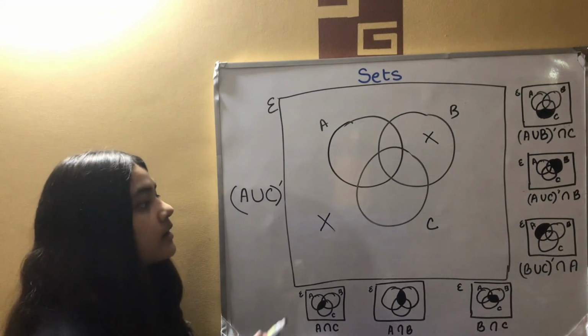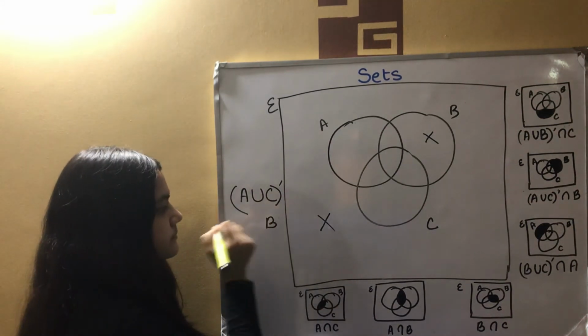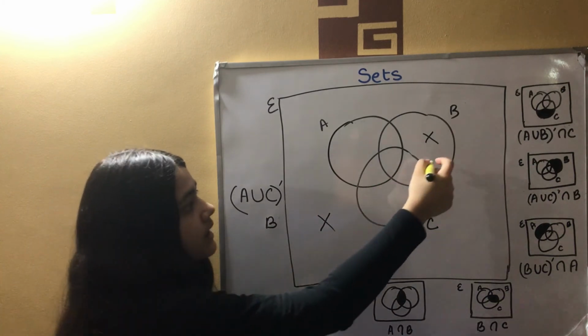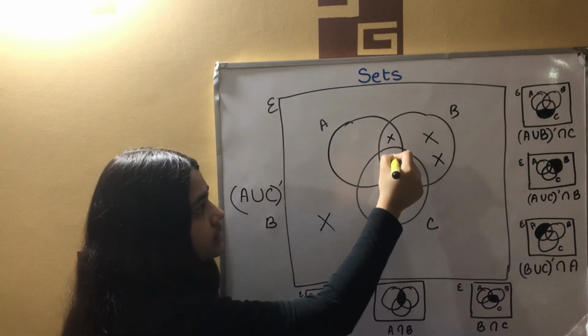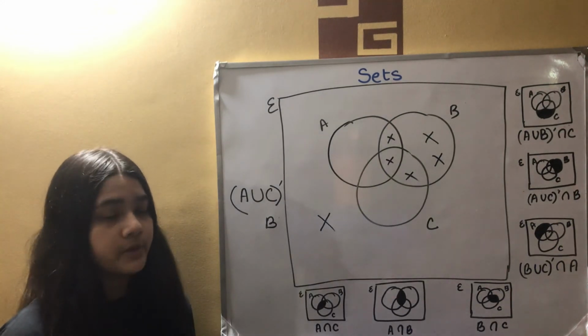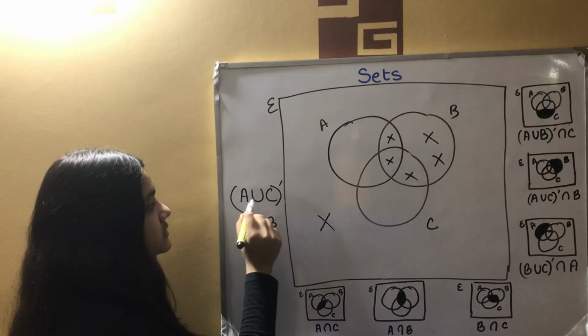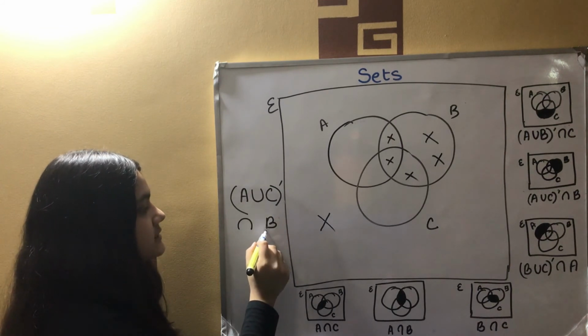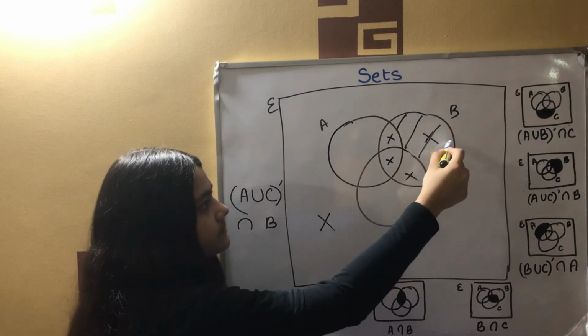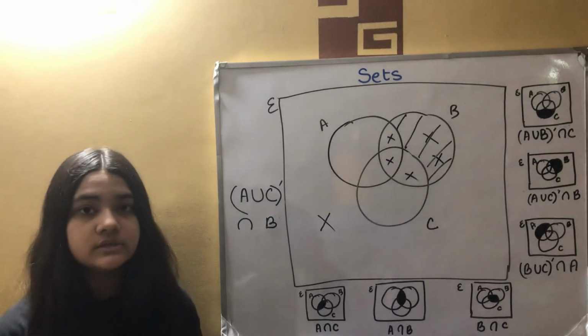And then we have B. The parts which are in B are this one, this one, this one and this one. So the common part between complement of A union C and B is only this part. So we have shaded only this part.